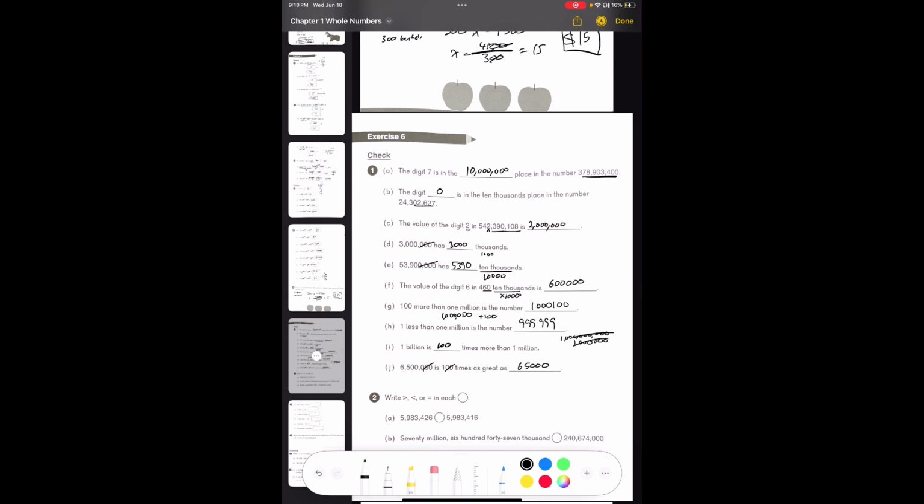And this is the answer for the check. Check if you have the same answers. If you do, good job. If you don't, go back and figure out why you got it wrong. Or by chance, I got it wrong.